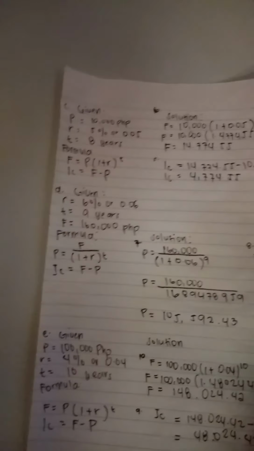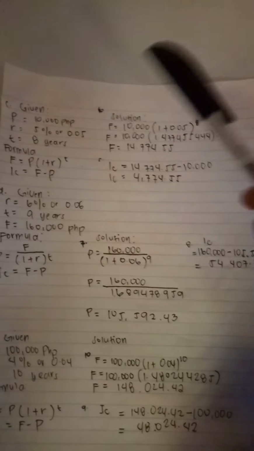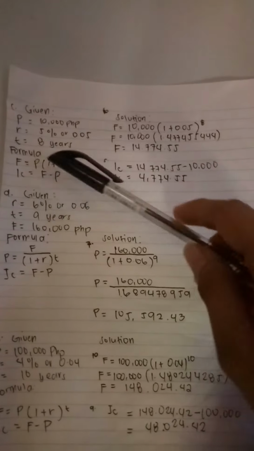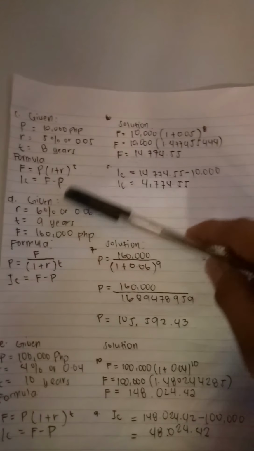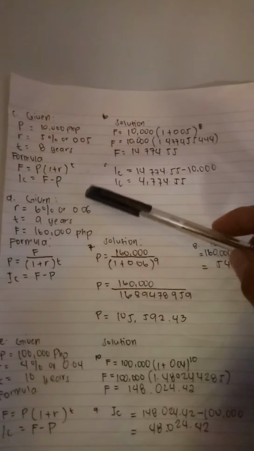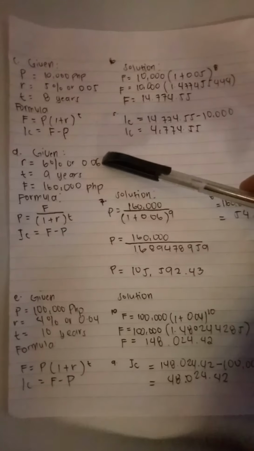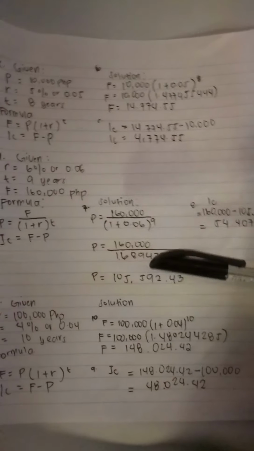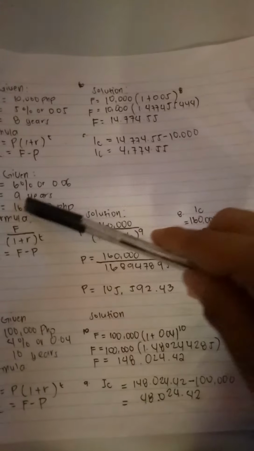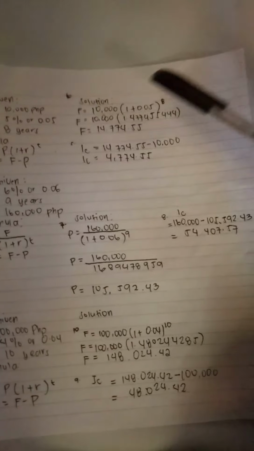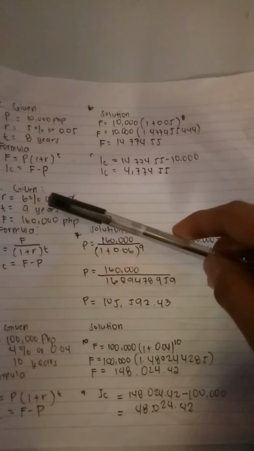Bali, yan naman po yung ating magiging compound interest. The next naman po is yung for the D naman po, letter D. The given for letter D, we have a R 6% or 0.06. Next naman po is yung term 9 years. For the future value, we have a 160,000.